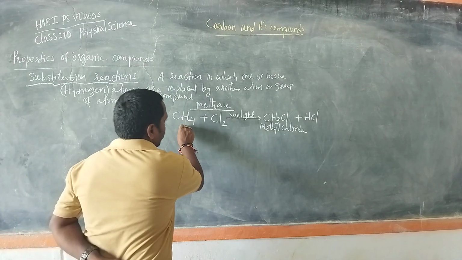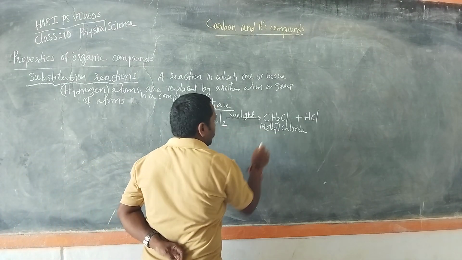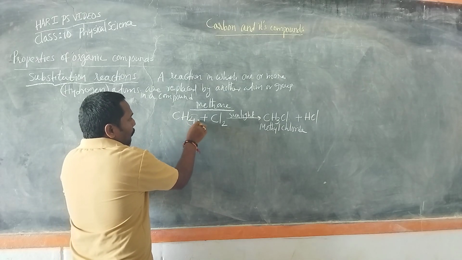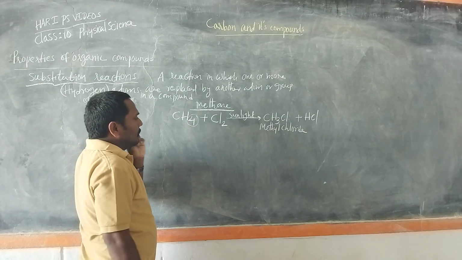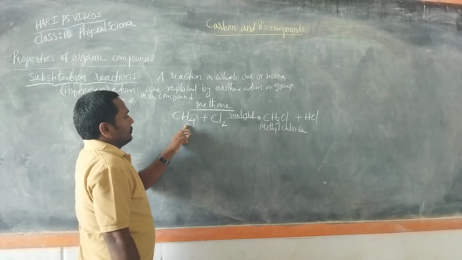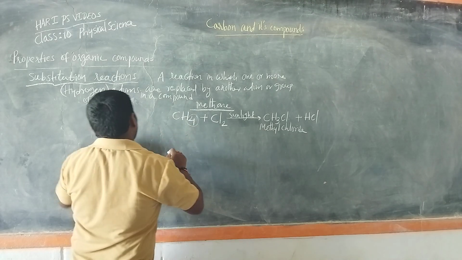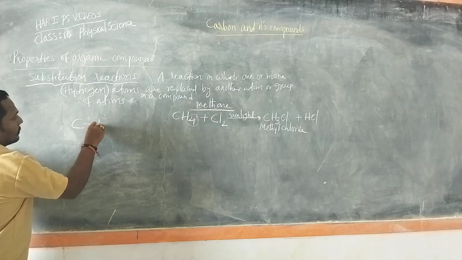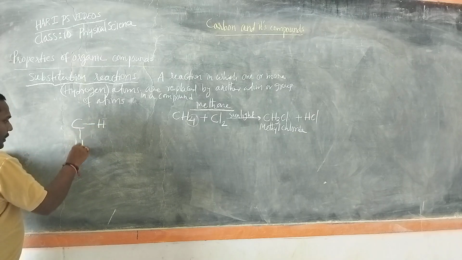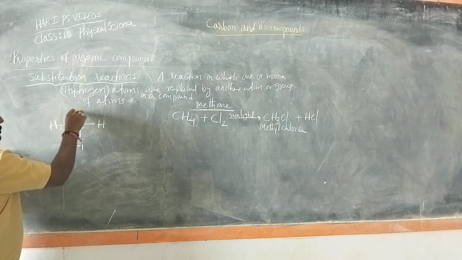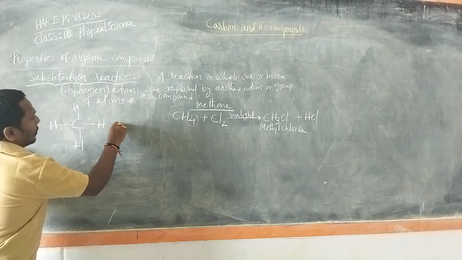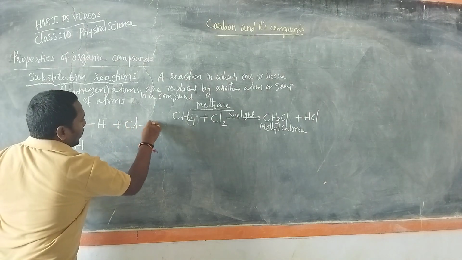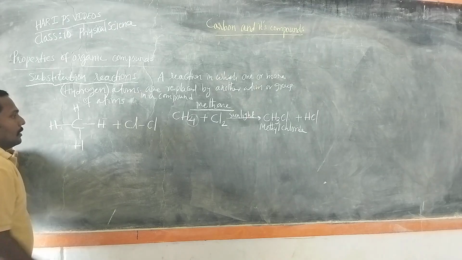This is methane, this is methyl chloride. From CH4, we can write the structure like this: C with H, H, H, and H combined with chlorine. Chlorine we can write like this.